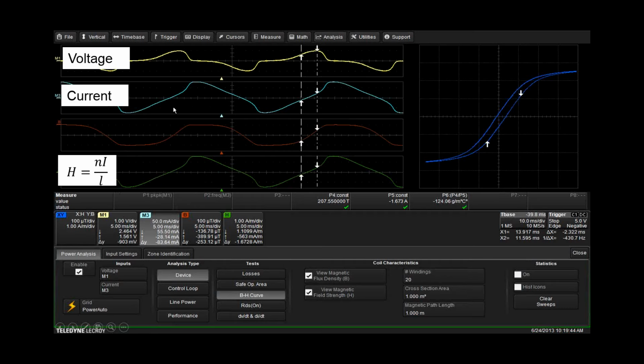But the magnetic flux density, B, is really generated by the magnetization of the material itself. That's a little bit more complicated to get to because we don't know much about the magnetization. But we do have this voltage signal up here, and one thing we can do is look at Faraday's law.